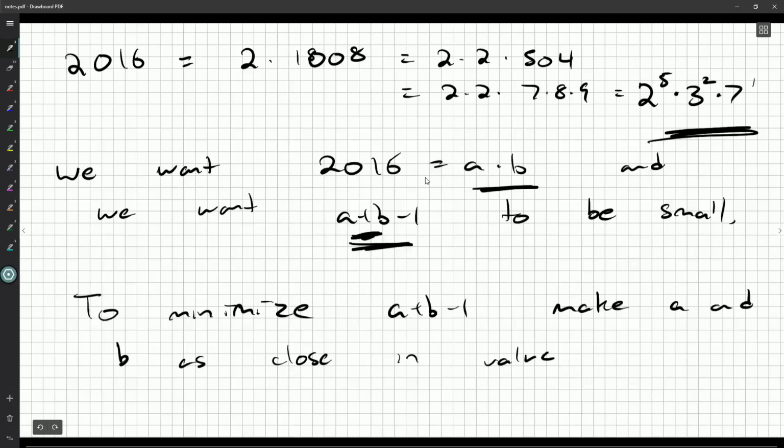So 2016 and 1, close in value as possible. Well, the closest they could ever be is if they were actually equal. Now, unfortunately, 2016 is not a perfect square. But if it were, square root of 2016 times square root of 2016 would be as small as you can make two numbers that multiply to 2016 sum.